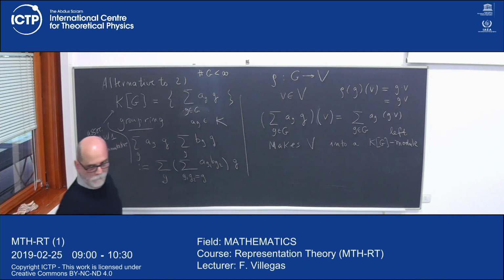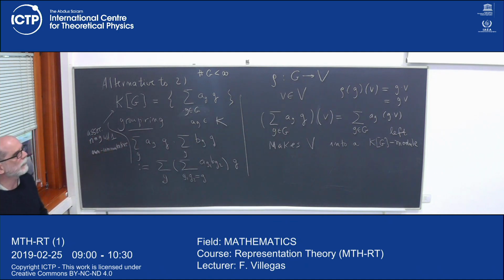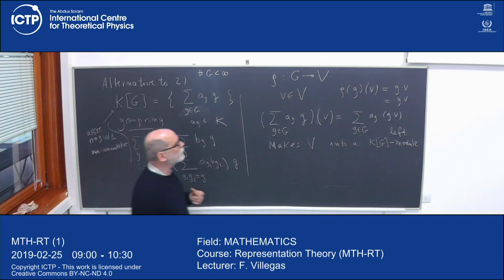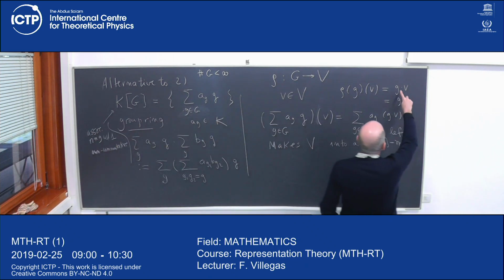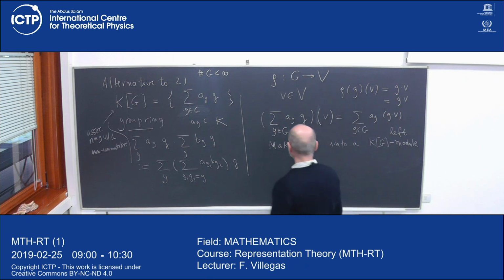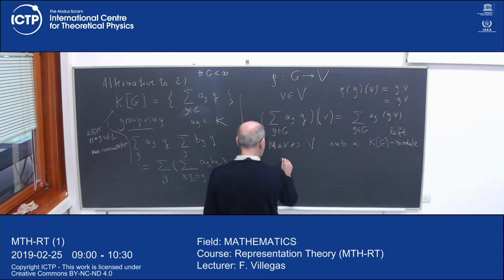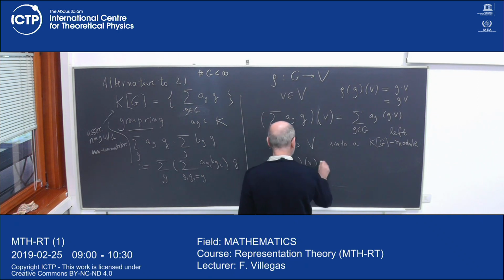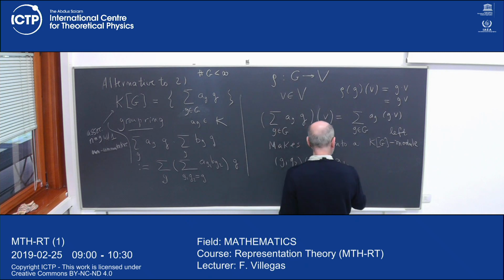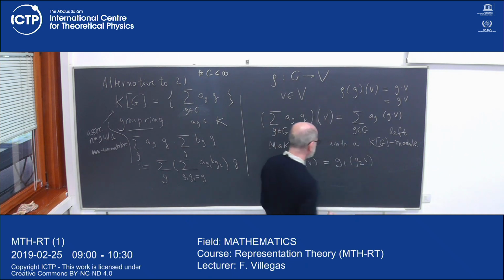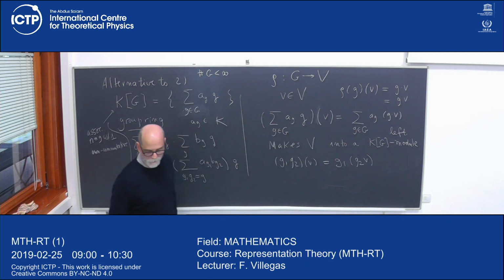We will use the usual convention that the actions are on the left, namely g and v. So if I have g1, g2 elements in the group and I multiply and act on v, these things are maps, so first you do g2 and then you do g1.